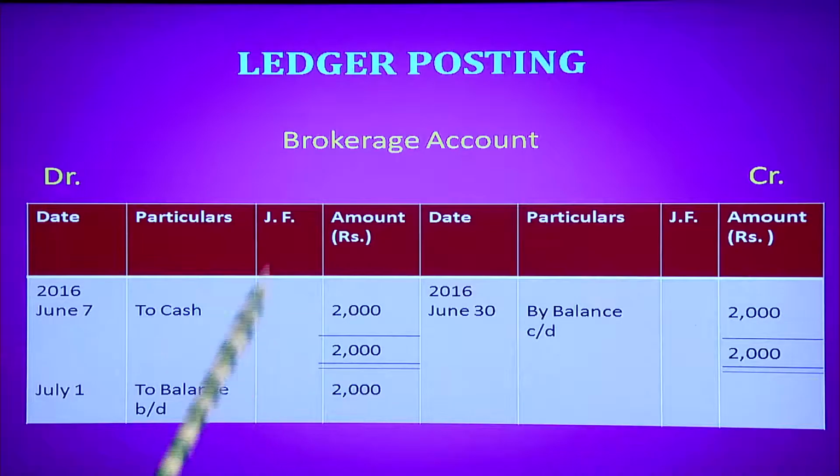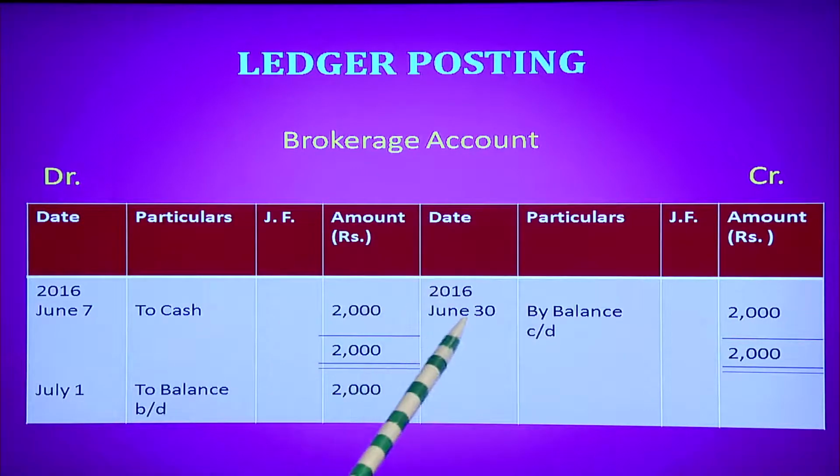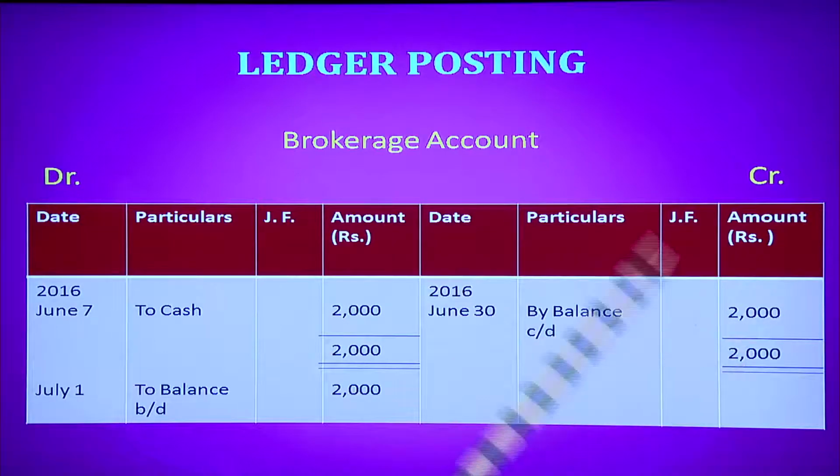Then we have the brokerage account, and the same methodology is followed for balancing the account, and on June 30th we have the balance of 2,000, which again gets transferred on 1st July, 2,000 rupees.